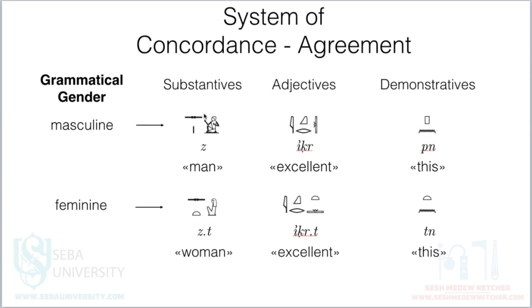So the substantive acts as a trigger for the constituents in order to force them to agree in gender and number. That should be pretty straightforward.